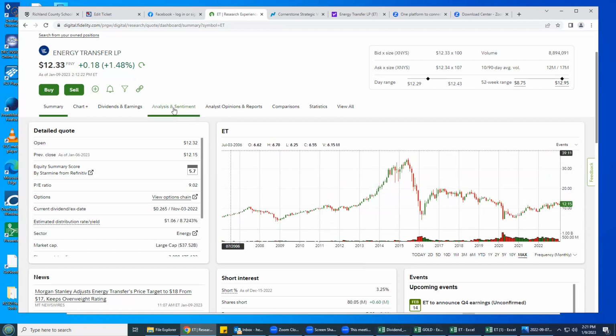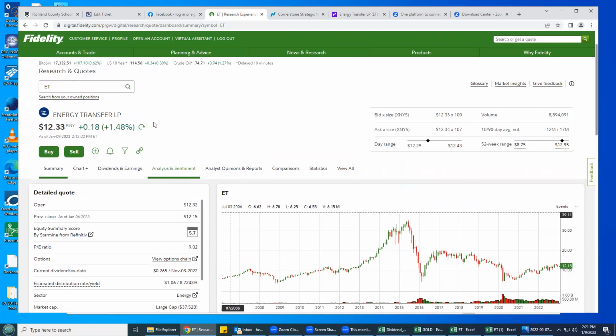Now the other thing we were going to show you was if you looked at the options. If you looked at any stock, we're going to look at the ones on the chart and give you an example of what you're trying to figure out.